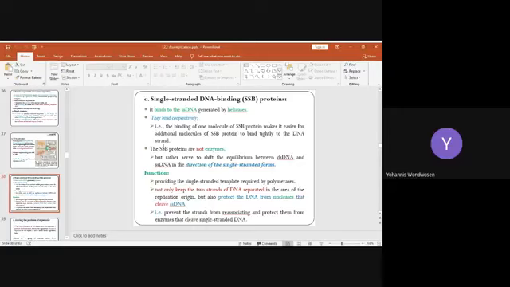Their major function is to keep the single strand DNA from rewinding until the DNA replication process is taking place. Rather than that, the single strand binding proteins have a capacity to protect the single strand of DNA from attacks by the nucleases.